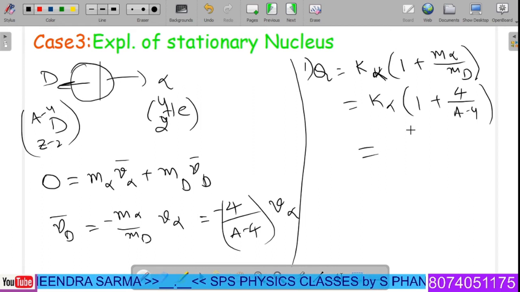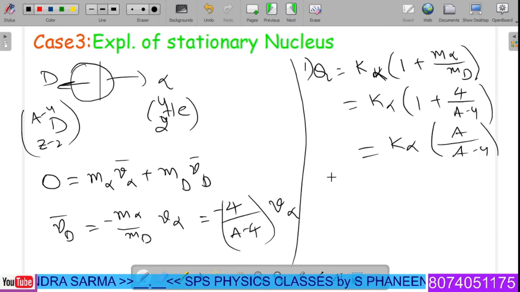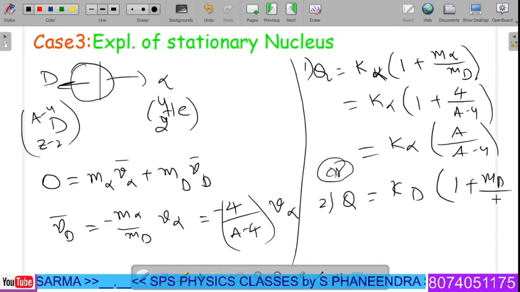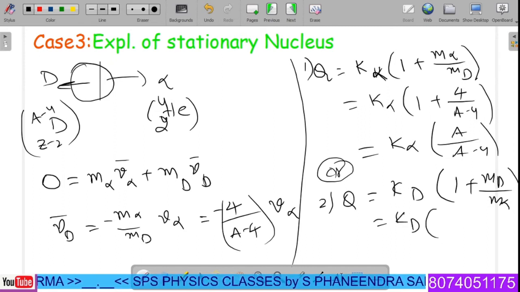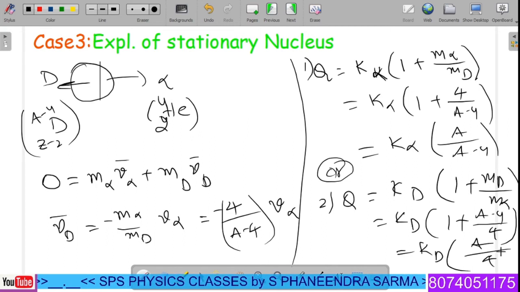Upon taking LCM, you get A by A minus 4. Or, in terms of the daughter nucleus, Q is given by Kd into 1 plus Md by M alpha, so Kd into 1 plus A minus 4 by 4, or Kd into A by 4.